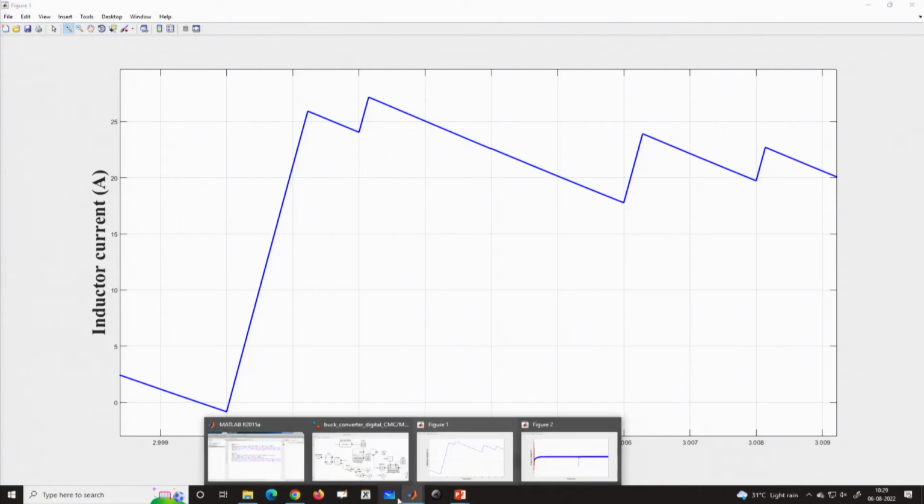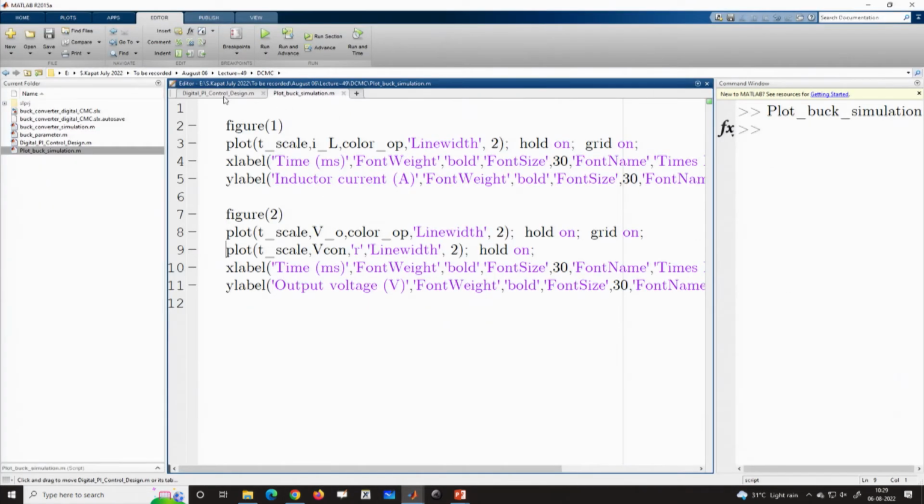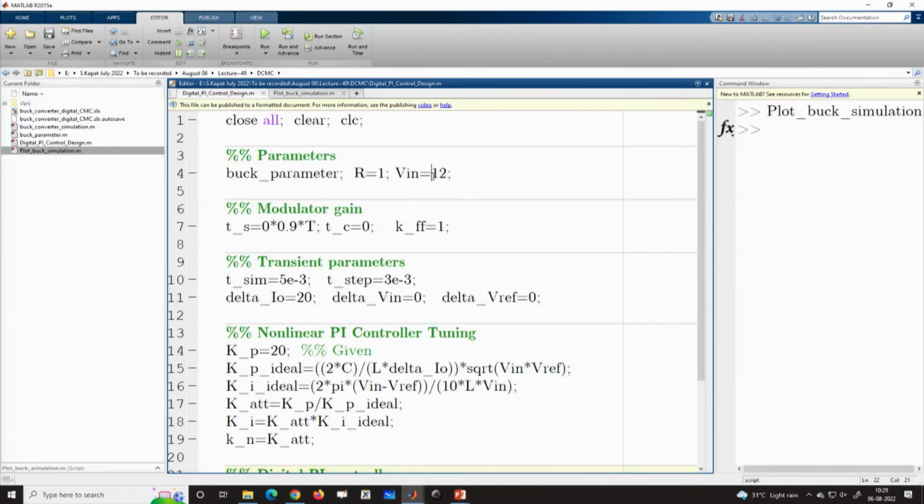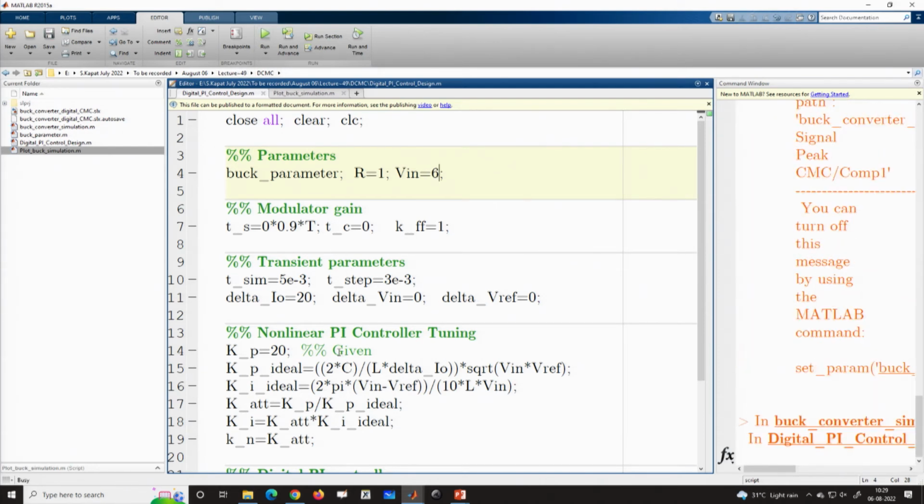Now, what happens if we decrease the input voltage? Instead of this, we decrease the input voltage to 6 volt and rerun the simulation.